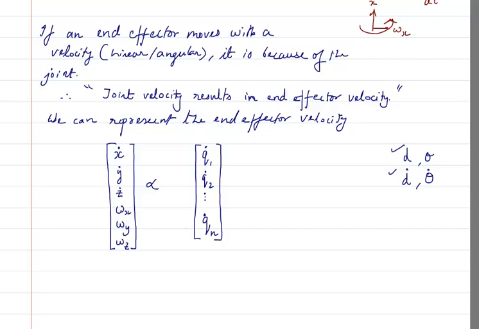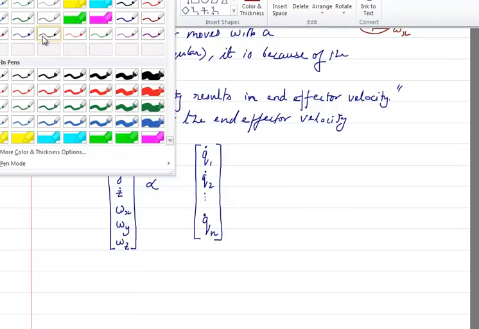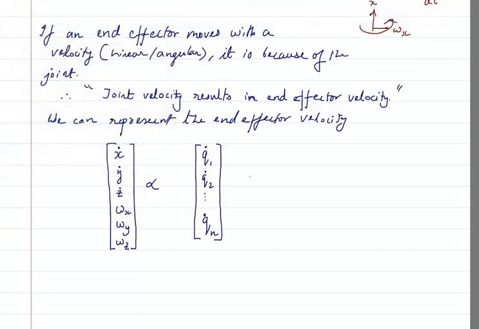Now this can be written as an equation by putting the equal to sign. I can write this relation as x dot, y dot, z dot, omega x, omega y, omega z.